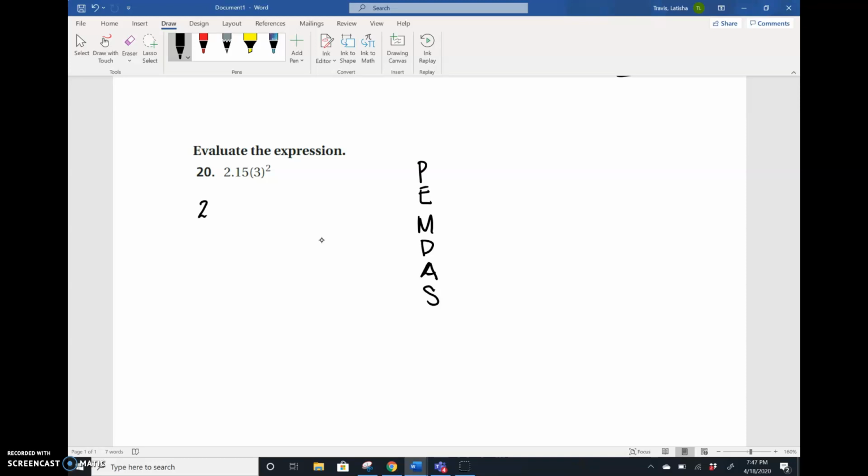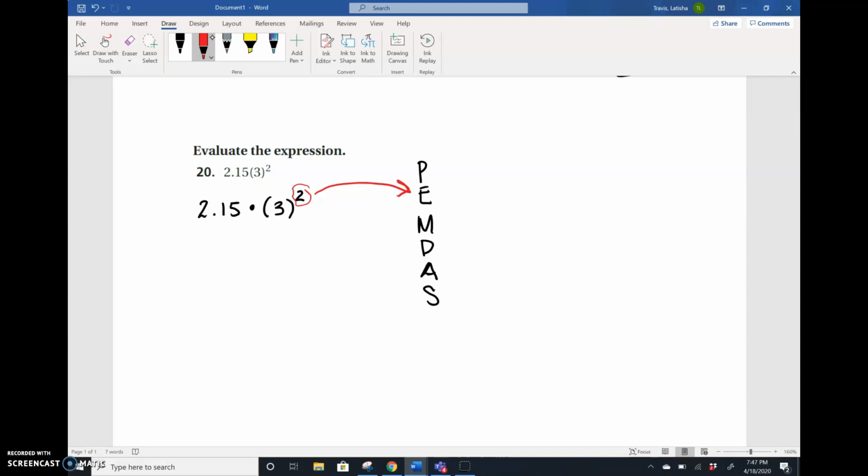We have our 2.15 times 3 squared. This little floating 2 here is an exponent. This is taking 3 and raising it to the second power. So it belongs to the E in PEMDAS.